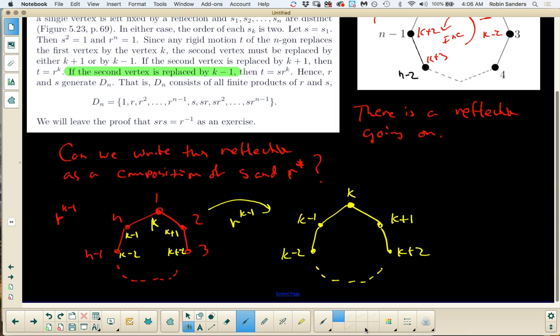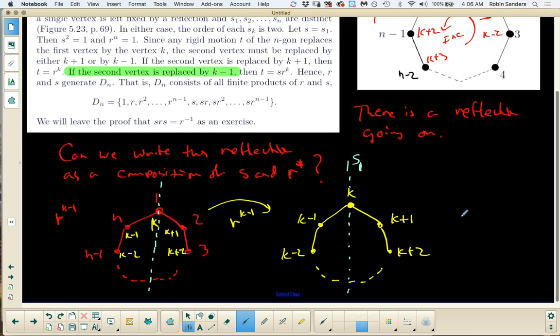Well, now what I want to do is reflect along that particular line of symmetry, which is the line of symmetry for the S1 flip, because the S1 flip is the flip that goes through that top vertex. It's just that we are looking at the yellow labels instead of the red labels here.